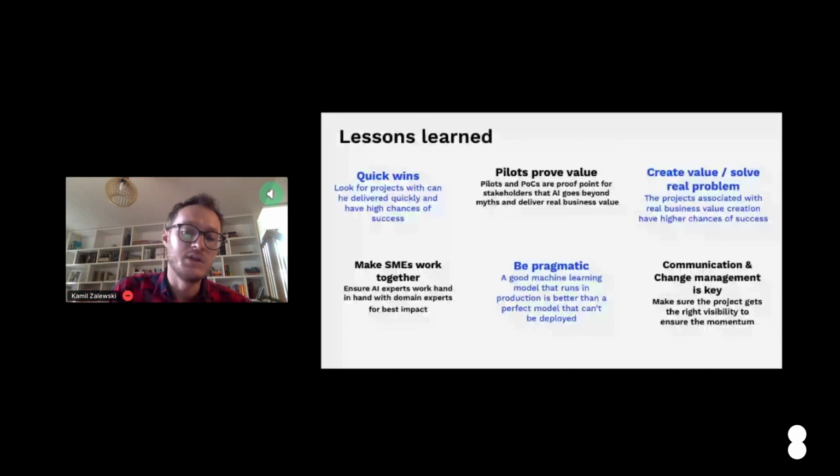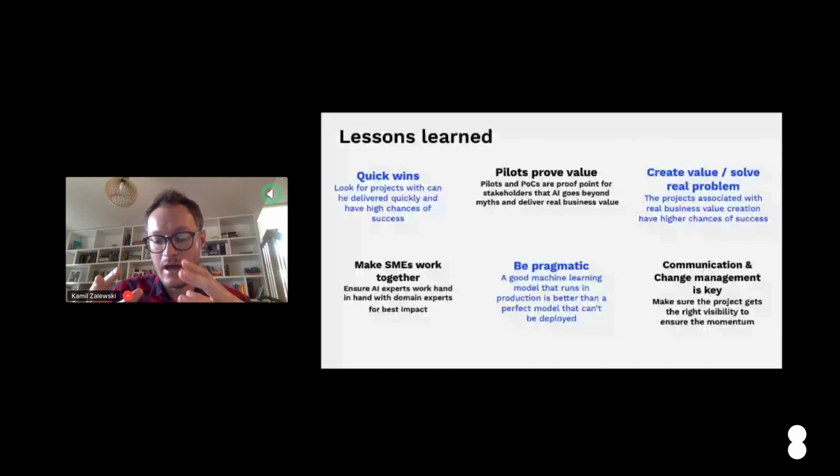And related to this one, AI still has a lot of myths around it. So the sooner you can actually create a real value or solve a real business problem, the higher chances you will have to go on to the next AI projects.